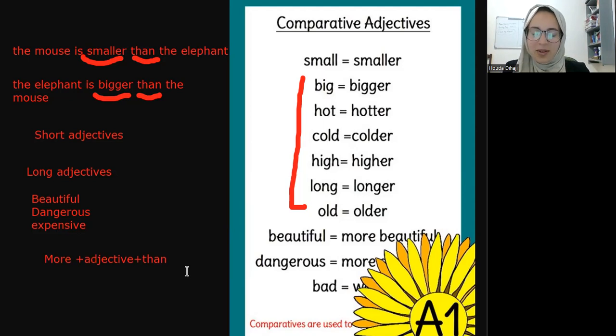I give you an example. The girl is more beautiful than her sister. We don't say beautifuler or dangerouser. This is not correct. We say more beautiful, more dangerous, and more expensive.